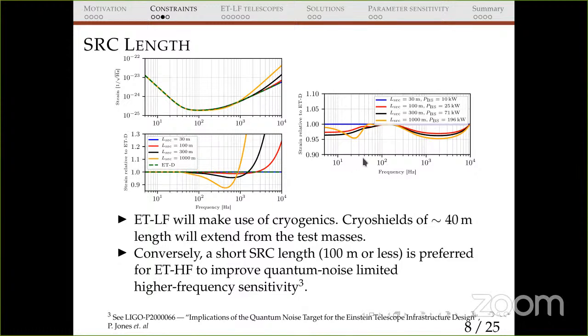This has the unfortunate side effect of increasing the power on the central beam splitter, which would be a problem for thermal lensing in the substrate. You can see from the paper that they come to the conclusion that around 100 meters or so for the SRC length would be a happy compromise.